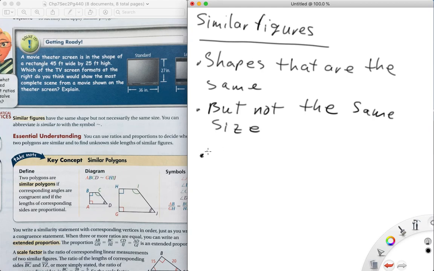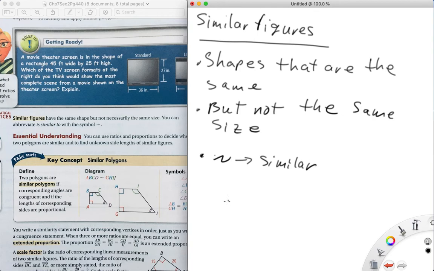And the way we use the symbol for similar figures is the little squiggly, without the little equal sign. So this means similar. All right? Two shapes that are the same, but they're not the same size.